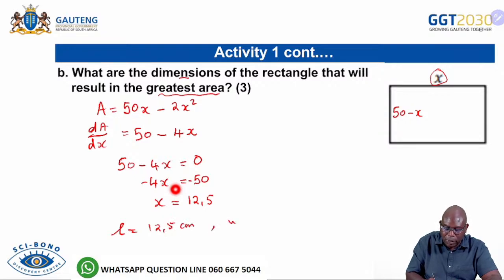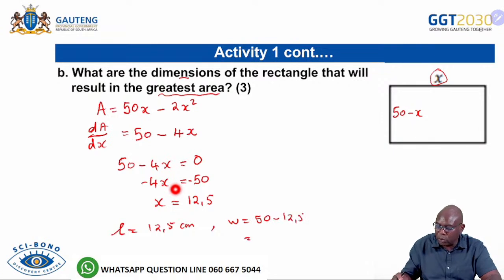Then my width there will be 50 minus 12.5, which will give me 37.5. So the area we got, then from there we differentiated because we talked about the greatest area there, and then from there we get our answer to be that.